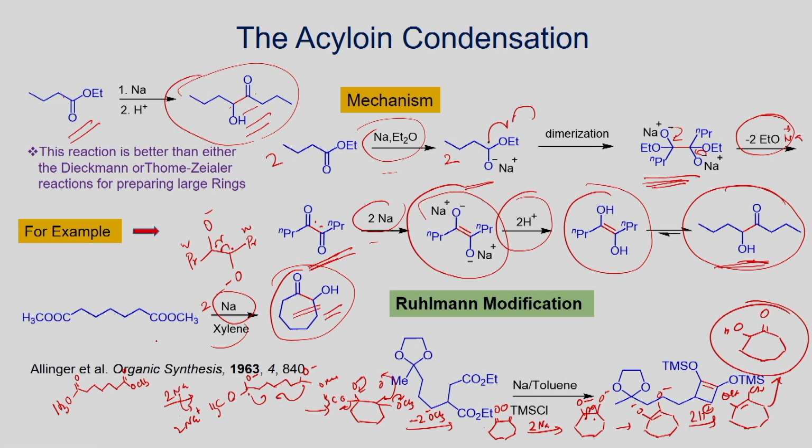In this way, if you have the diester in the presence of sodium, you can cyclize to give this alpha hydroxy ketone as the product.